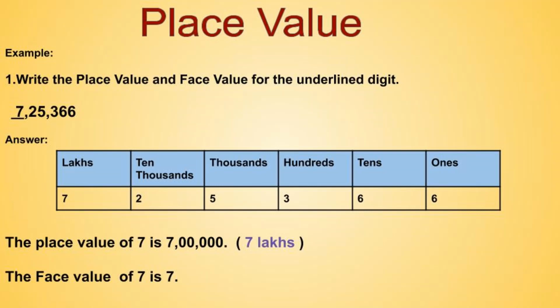Face value of a digit is the digit itself. So the face value of 7 is 7. Children, if you have doubts in finding place value of the digit, represent the number in place value chart as represented here. From this chart, you can easily find the place value of the given digits.